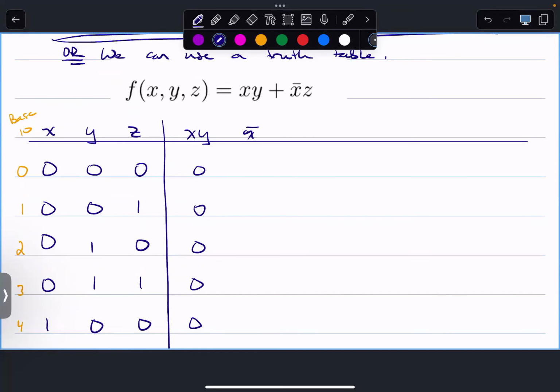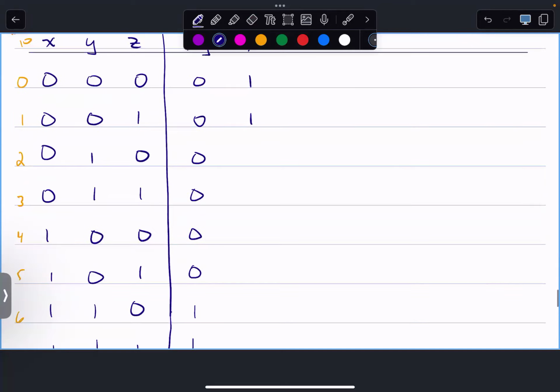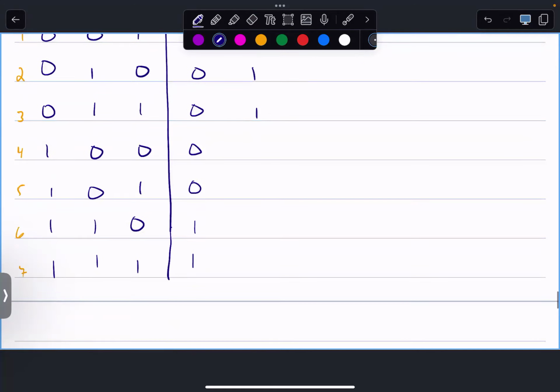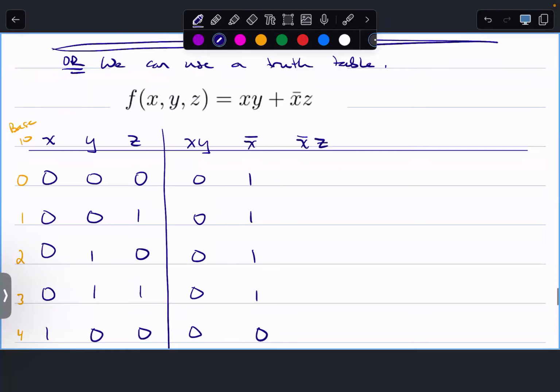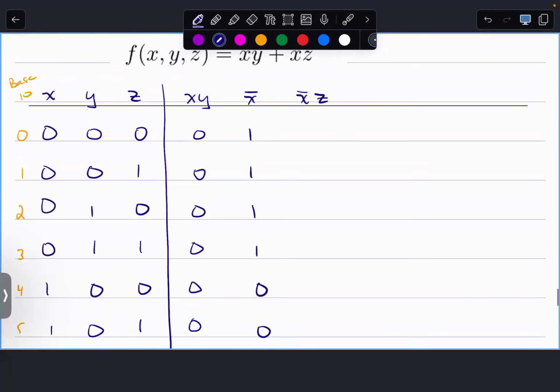I'm going to make a not X first, which is just the opposite: 1, 1, 1, 1, 0, 0, 0, 0. And then I can make a not X Z, because I'm building out this here.